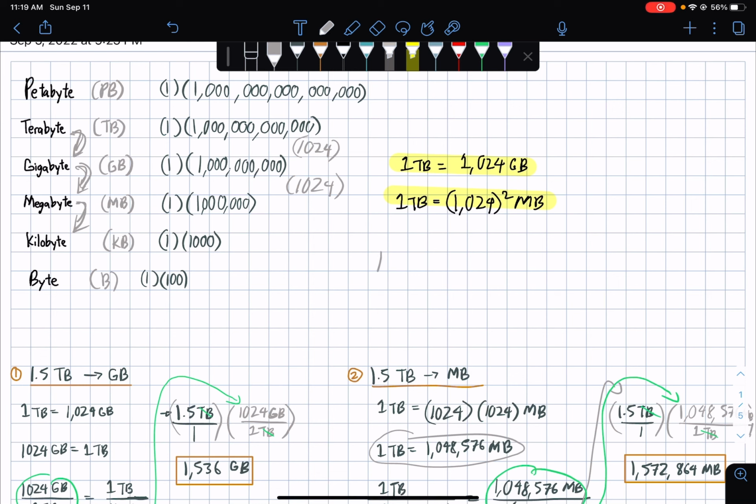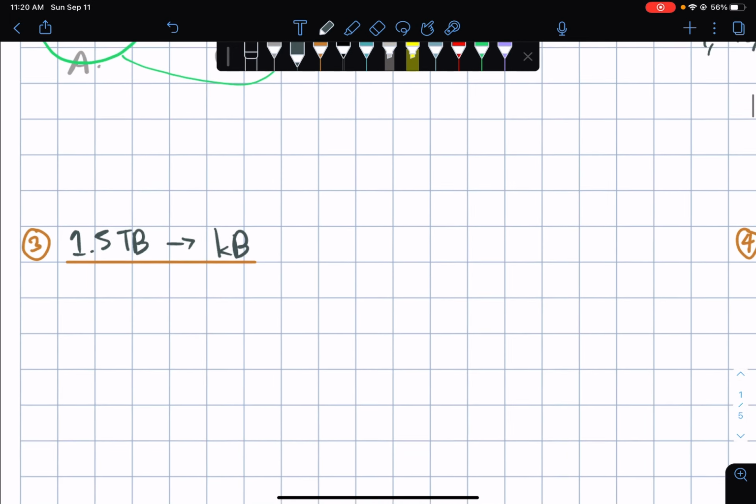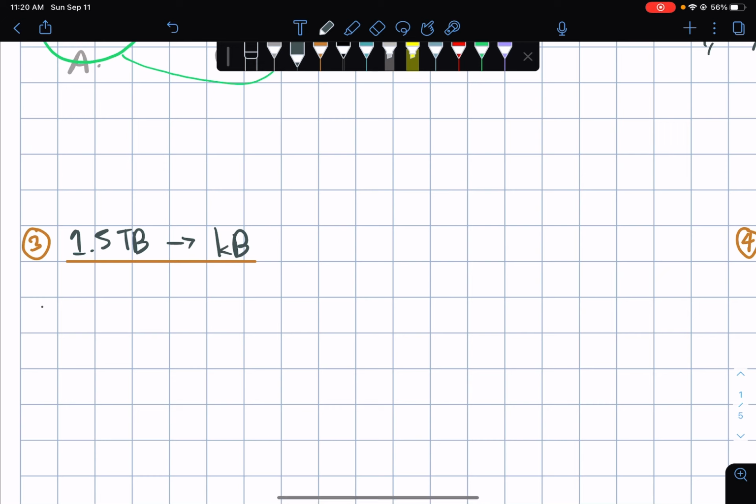It's basically 1 terabyte is equal to 1024 raised to 3 kilobytes. Okay, so let's rewrite that here. 1 TB is equal to 1024 raised to 3 KB.